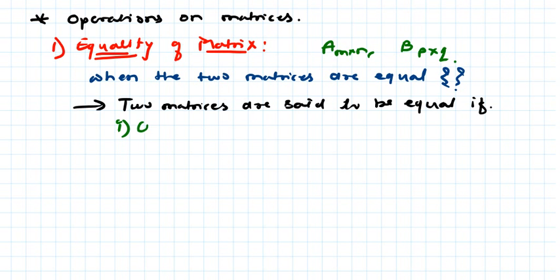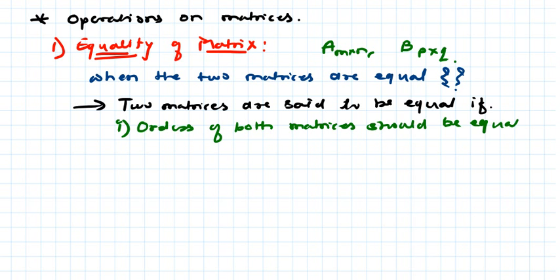The orders of both matrices should be equal. Okay, means if I have one matrix of order 2 by 3 and one matrix of order 3 by 2, then they cannot be equal because the order is not same. So for two matrices to be equal, the first condition is that the orders of those matrices should be equal.